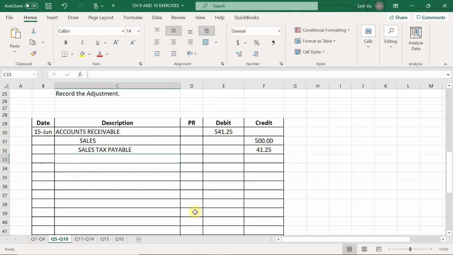I'm going to make a note here that customer A buys 100 toys at $5 each.